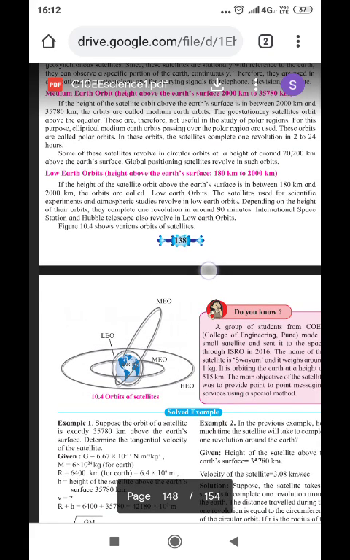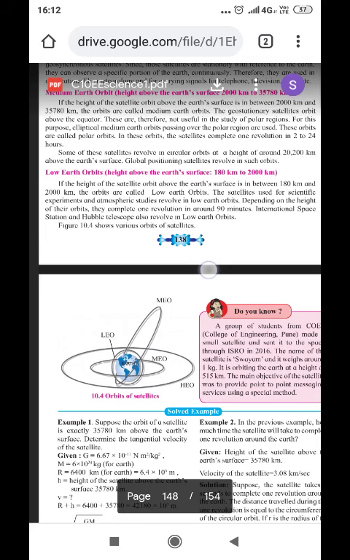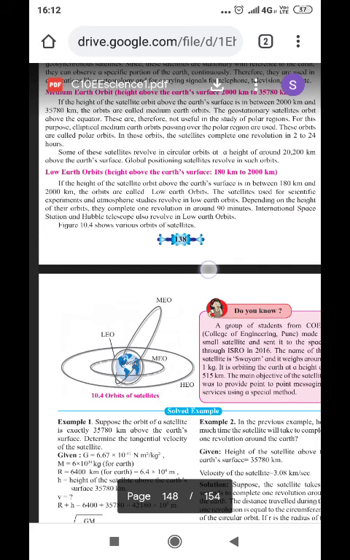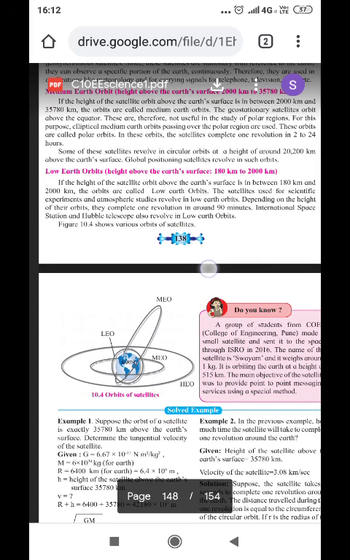The geostationary satellites orbit above the equator. These are therefore not useful in the study of polar regions. For this purpose, elliptical medium Earth orbits passing over the polar regions are used. These orbits are called polar orbits. In these orbits, satellites complete one revolution in 2 to 24 hours.